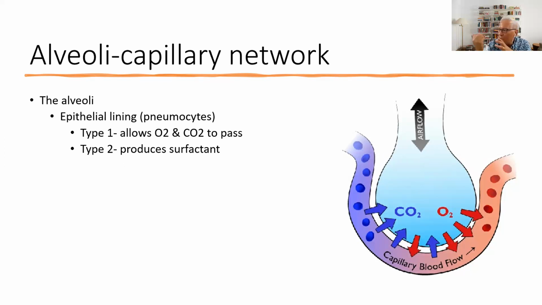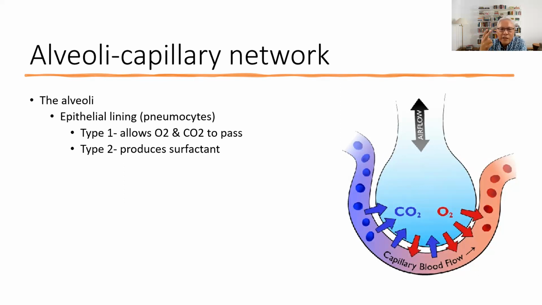So when we take a close look at the alveoli, they are lined by two types of epithelial cells. And these are called pneumocytes. Type 1 allows oxygen and carbon dioxide to pass through them.